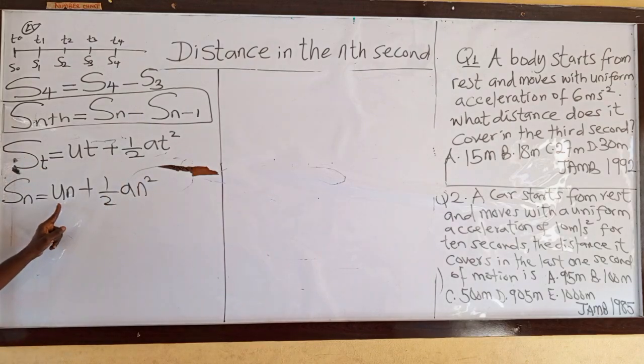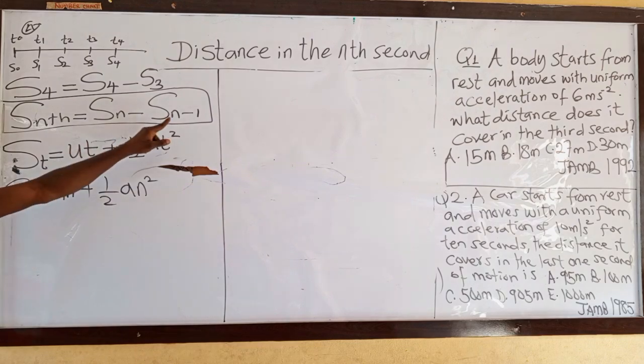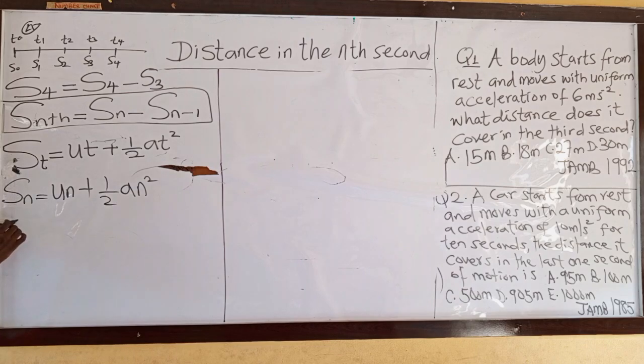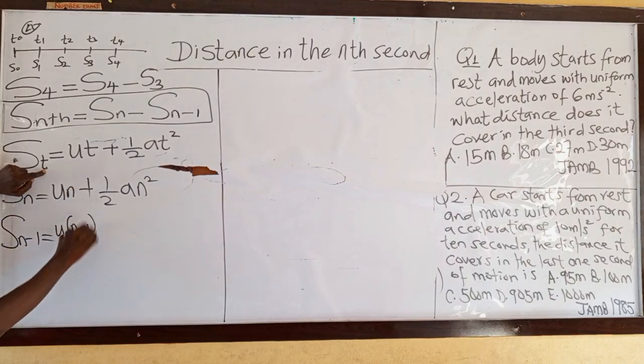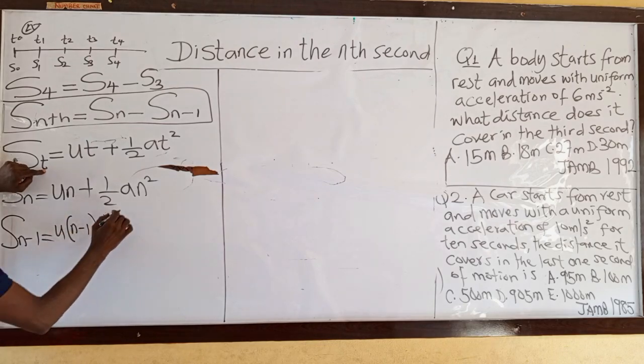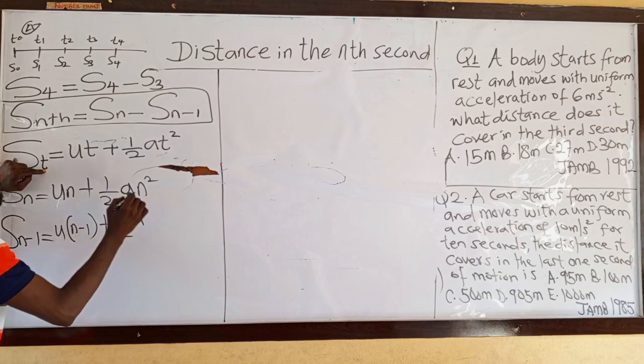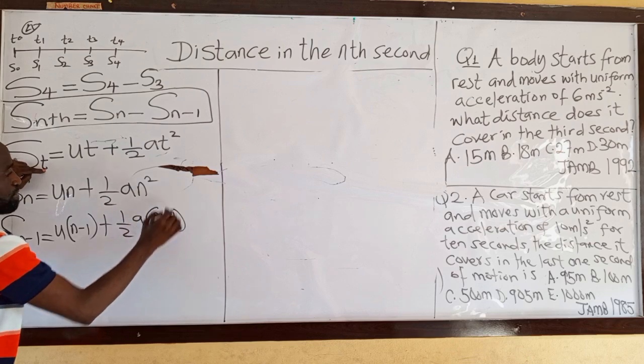This is the formula for distance covered by the body in n seconds. We also need the distance covered in n minus 1 seconds. Anywhere we see t, it changes to n minus 1. So this becomes u(n minus 1) plus half a times (n minus 1) all squared.